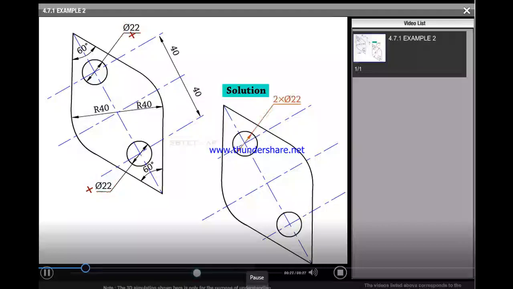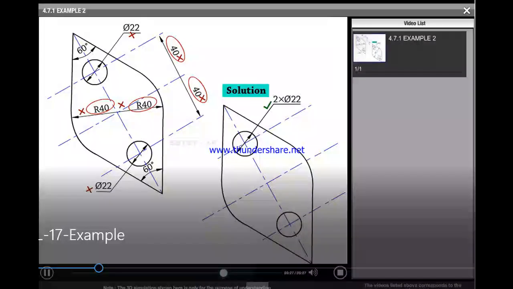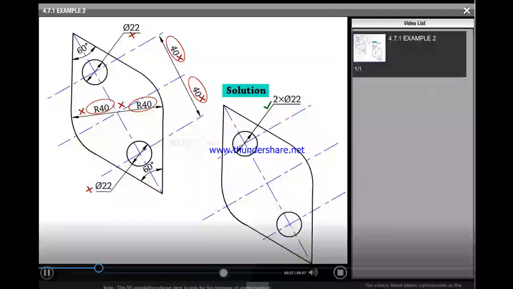Keep the symbol for parameter clear to the numerical value. That is two same diameters, 2 into 522, so that it indicates there are two holes or dia, we can say.